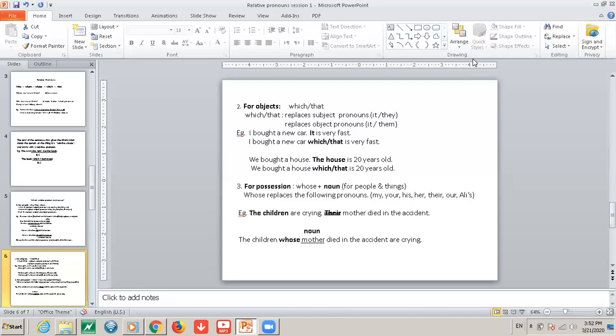Their mother died in the accident. The children's mother. So now let's join these two sentences with a suitable relative pronoun.